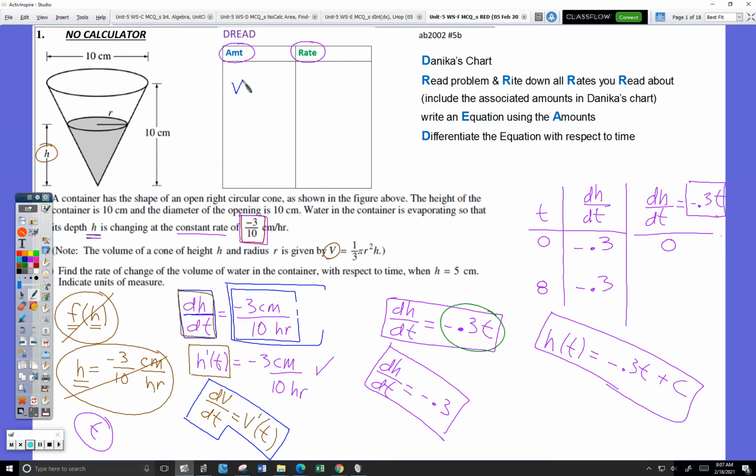But at any given moment, there will be some volume of water in the tank. That's what V is. V is the amount. V prime, or dV/dt, is the rate at which that amount changes. So because they're asking for the rate of change of the volume, not the volume, I've got to focus on dV/dt, not V. I don't know if I answered your question.